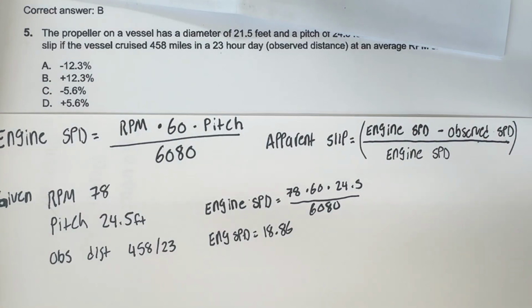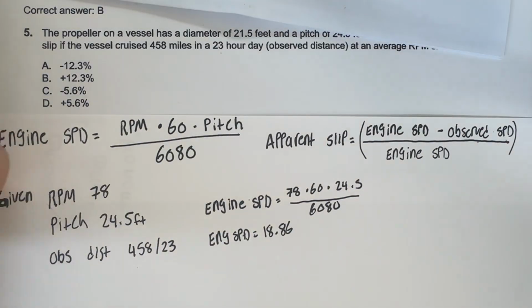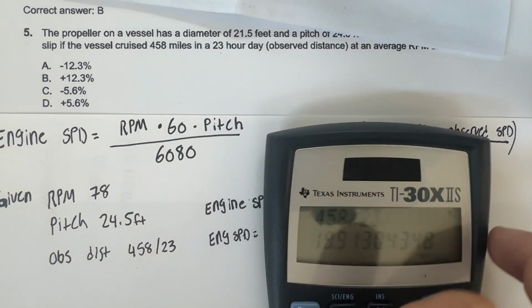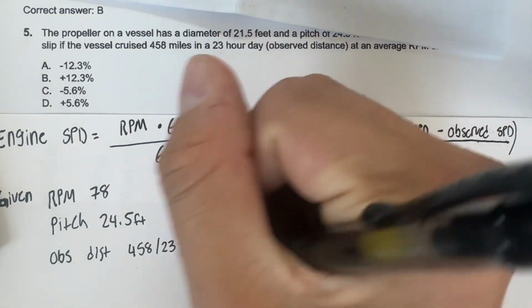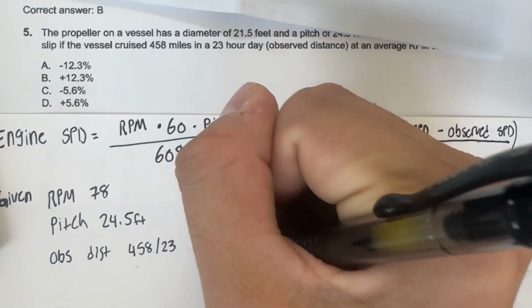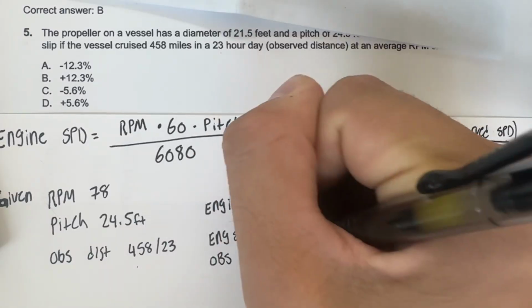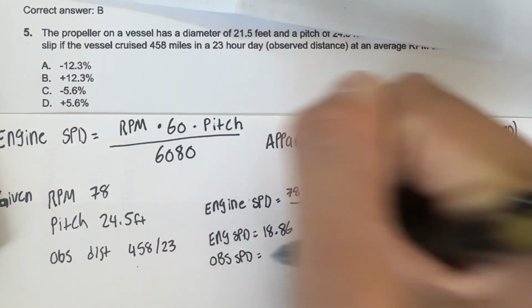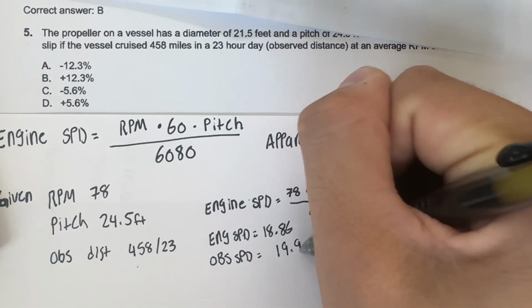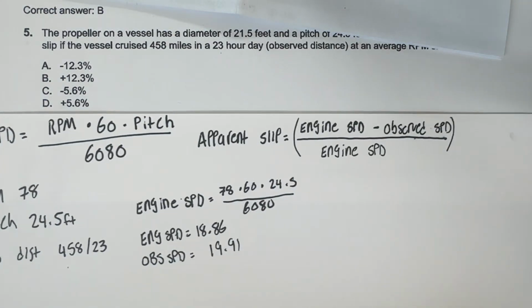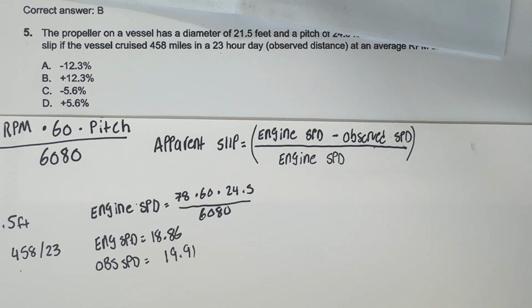Here in the problem it says 23-hour day, so we can do 458 divided by 23 hours equals 19.91. So our observed speed equals 19.91. Now we have everything we need to go ahead into the second formula and solve for apparent slip.